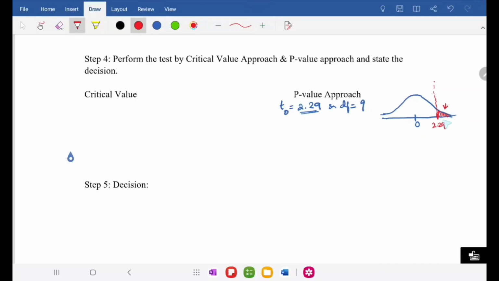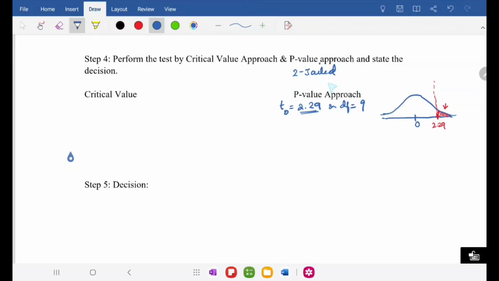Now, this is a two-tailed test, correct? So let me clarify that. If it were a right-tailed test, then the p-value would be whatever area this is on the right-hand side. If it were a left-tailed test, then the test statistic would be located to the left and the p-value would be the area to the left of that particular location.